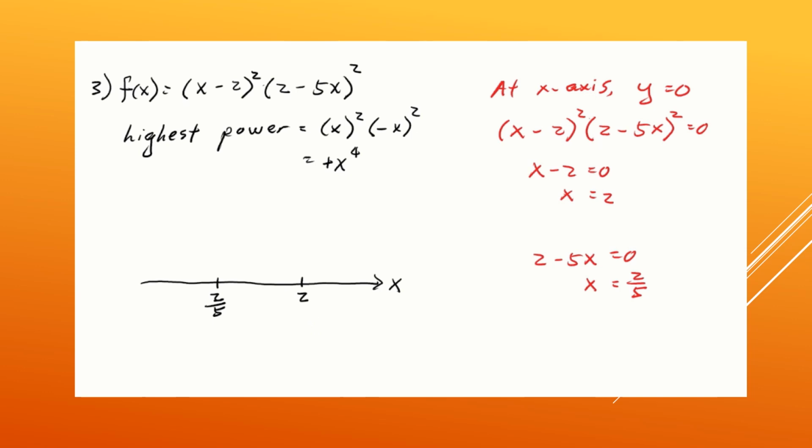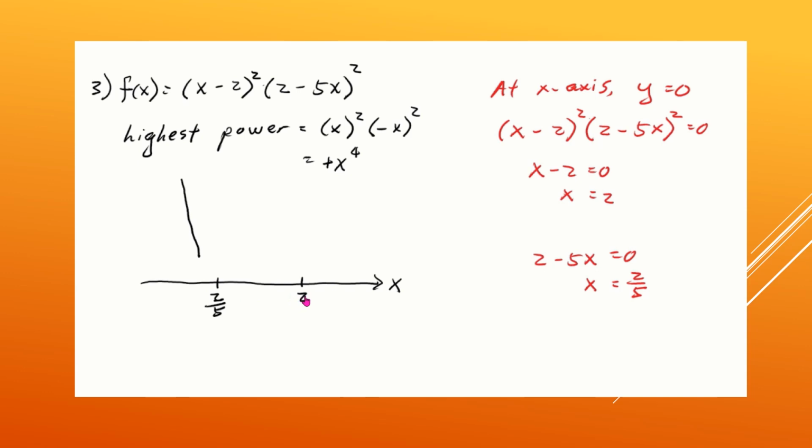then 2. From the highest power, we found that it is positive power of 4, which means generally the basic shape of the curve is a U shape. So we can start the sketching from here. Now at the first point, when we look at the factor, the power is 2, so this point is a turning point.